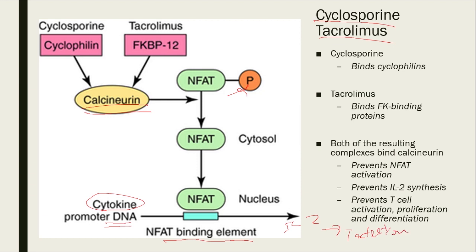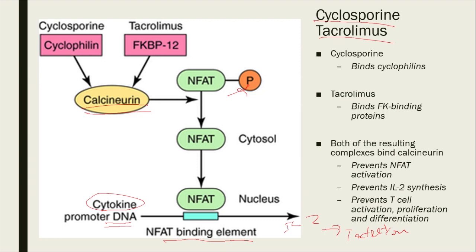What these small molecules do is form a complex with another partner: cyclosporin will form a complex with cyclophilin, and tacrolimus will form a complex with FKBP12, which is a type of small peptide.